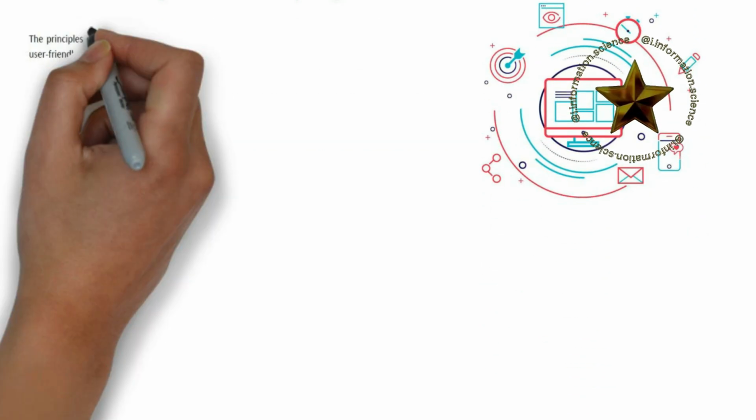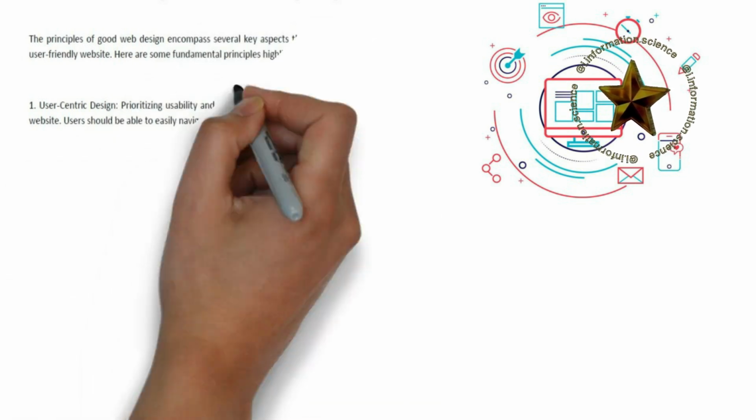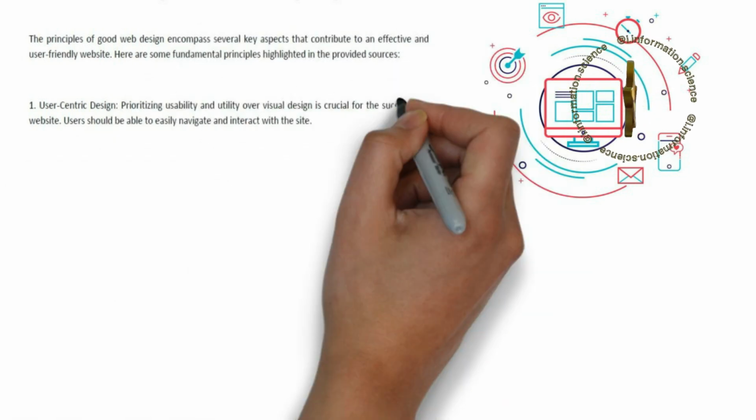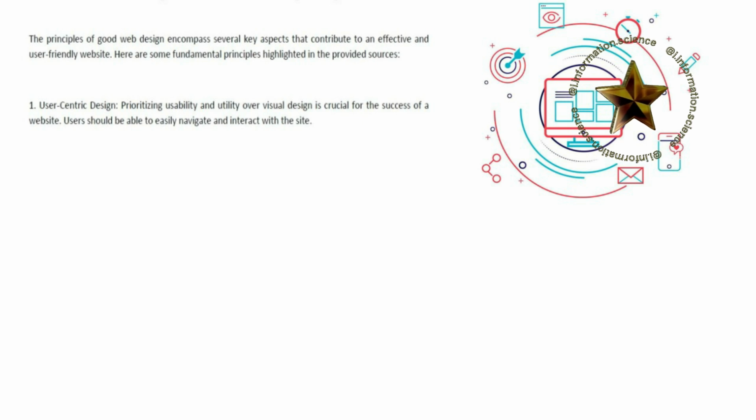The principles of good web design encompass several key aspects that contribute to an effective and user-friendly website. Here are some fundamental principles highlighted in the provided sources. 1. User-centric design. Prioritizing usability and utility over visual design is crucial for the success of a website.